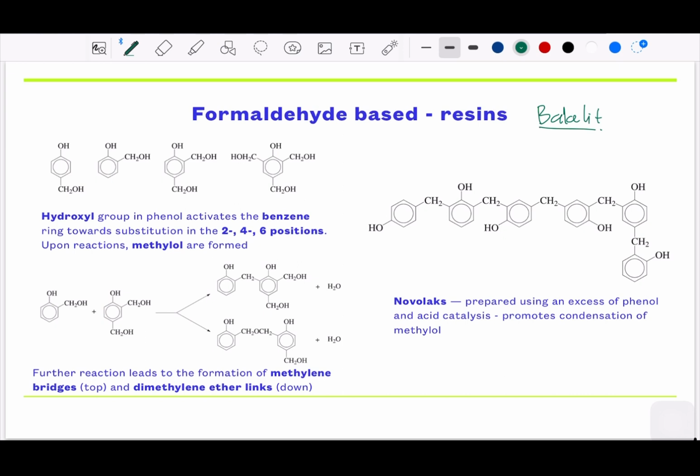I forgot to mention, there is also another one called the resols, that is with base catalyst. So we call the other ones resols.